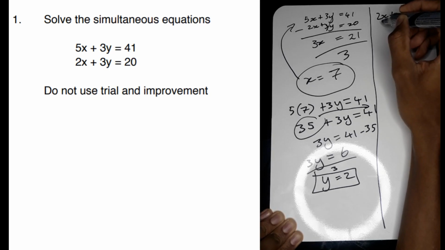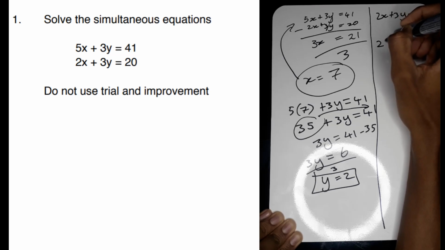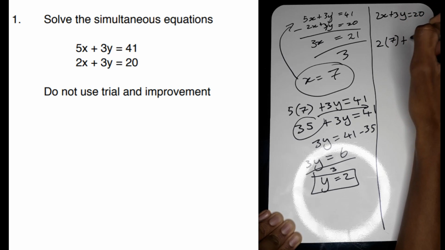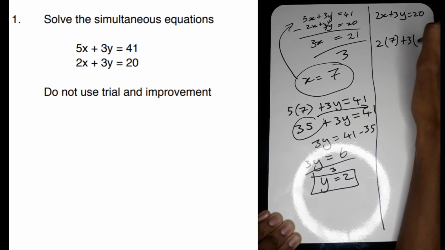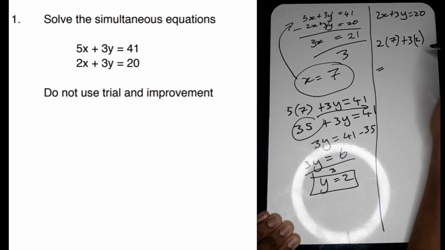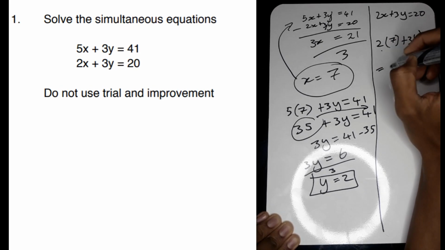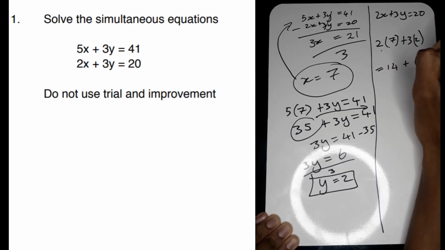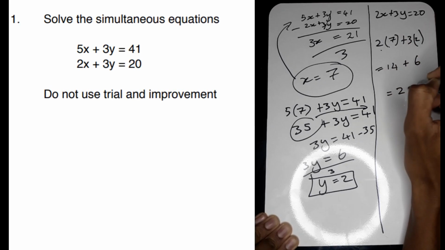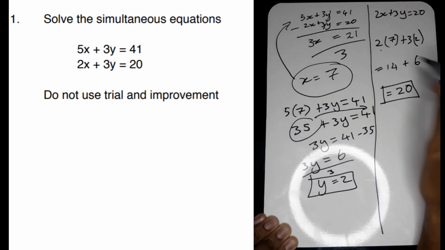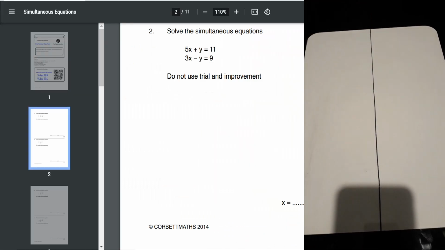So over here is going to be 2 times our x, which is 7, plus 3 times our y, which is 2, which will give us 7 times 2 is 14 plus 6, which will give us 20, which means, yeah, the answer is correct. All right, moving on to the next question.